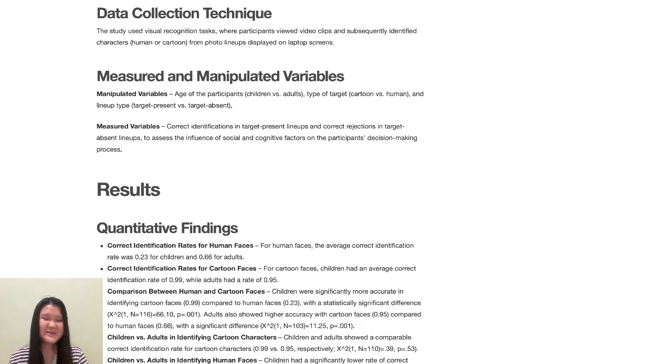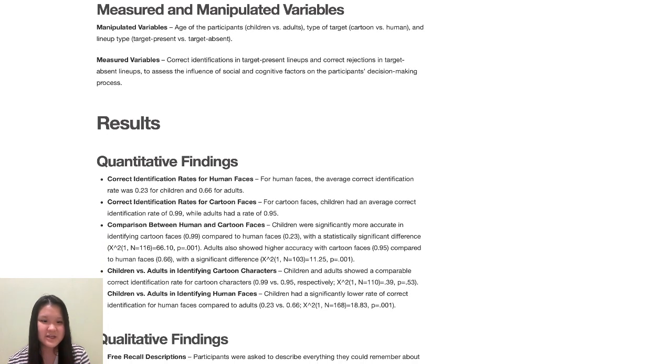I know these kinds of questions, when I ask you, you're like, I'm not sure, but when you hear it, you're like, yeah, that makes sense, right? So visual recognition, as stated in the name, participants viewed the video clips and subsequently identified from photo lineups displayed on laptop screens. I think you did mention this in the aims actually, right?